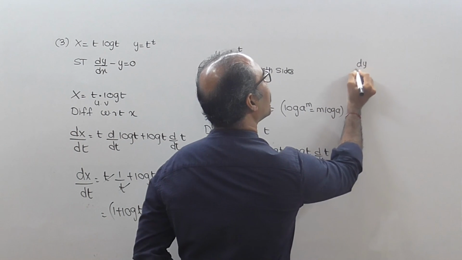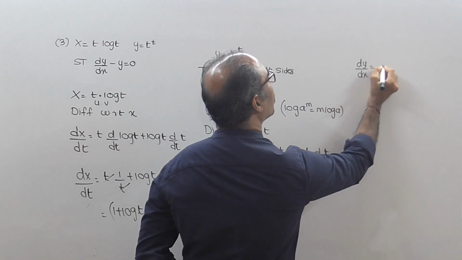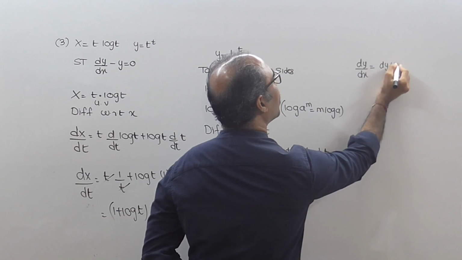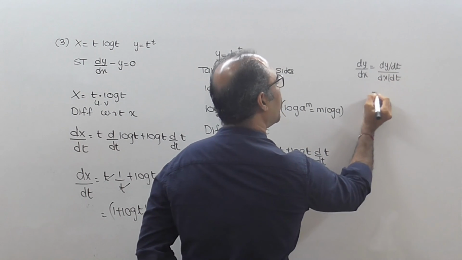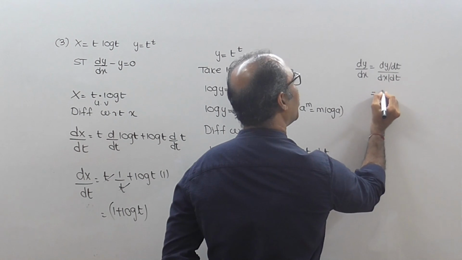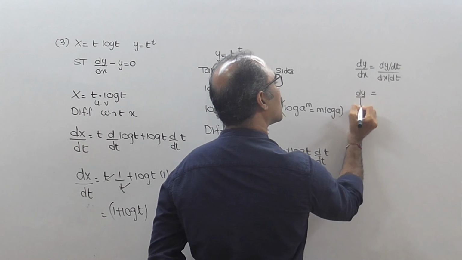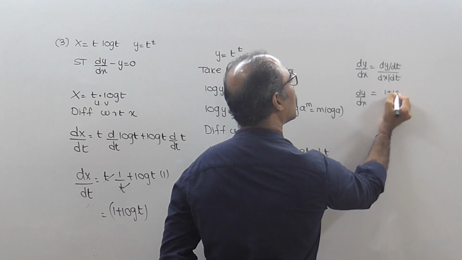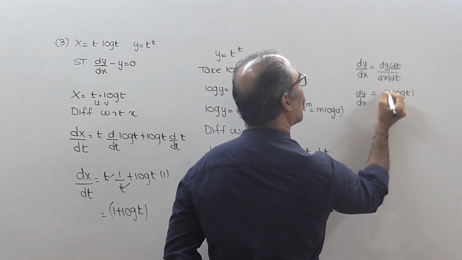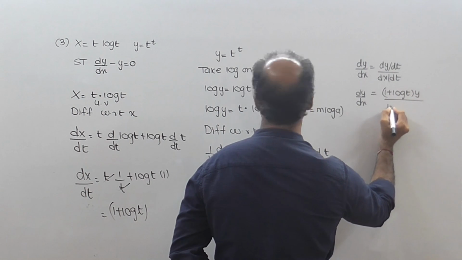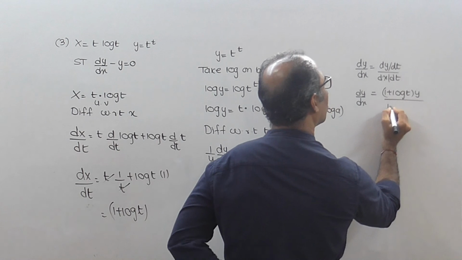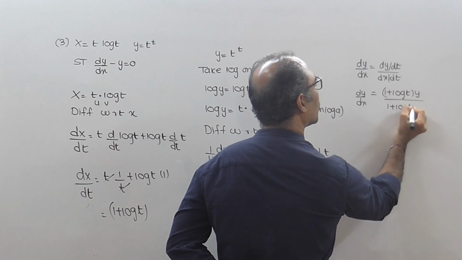Now I need to find the value of dy by dx, which is nothing but dy by dt upon dx by dt. Dy by dt is (1 plus log of t) into y, dx by dt is 1 plus log t.